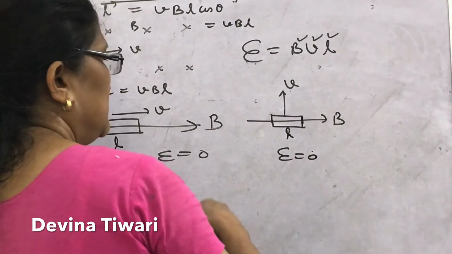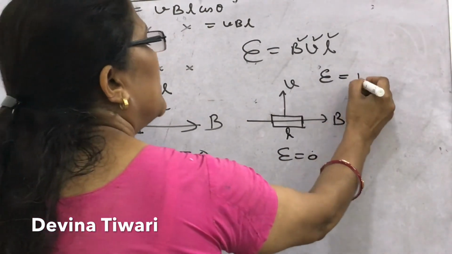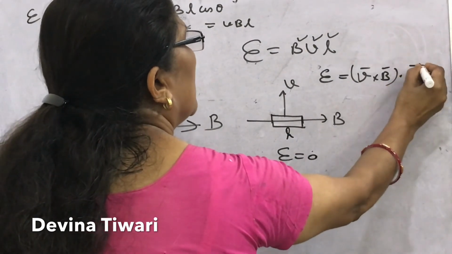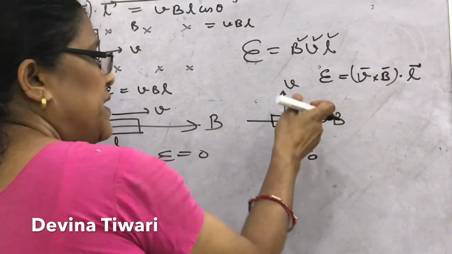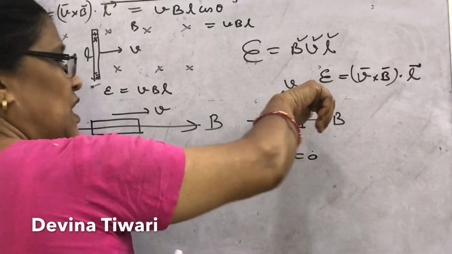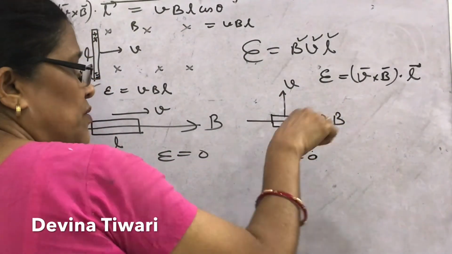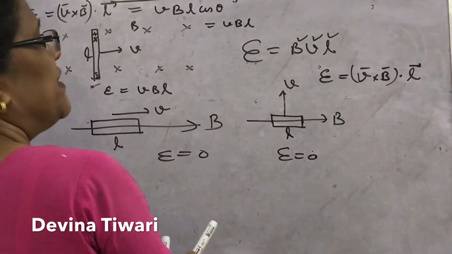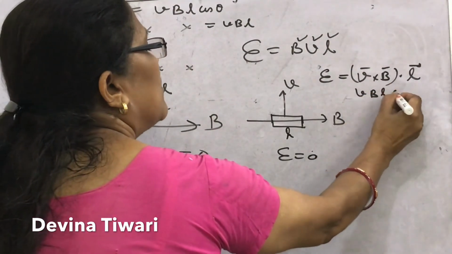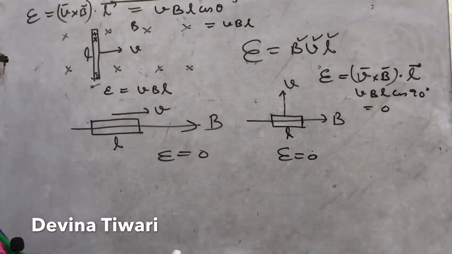The general relation you have written when they are not mutually perpendicular is V cross B dot L. As I have shown, this thumb is denoting the V cross B vector, and the length and V cross B vector are perpendicular, so it will become VBL cos 90, so it will become 0.